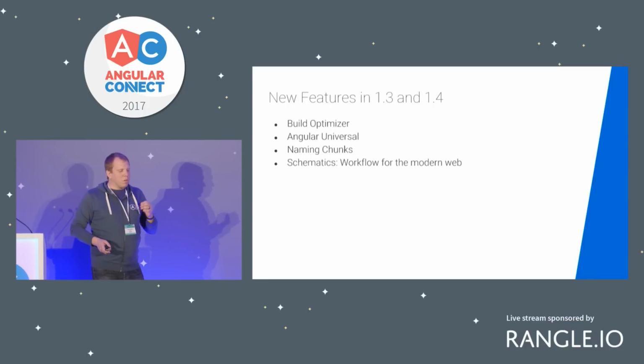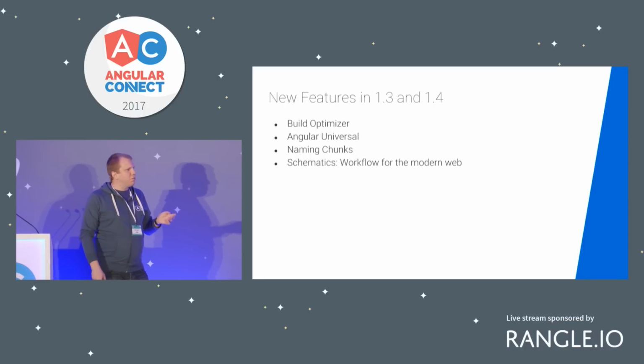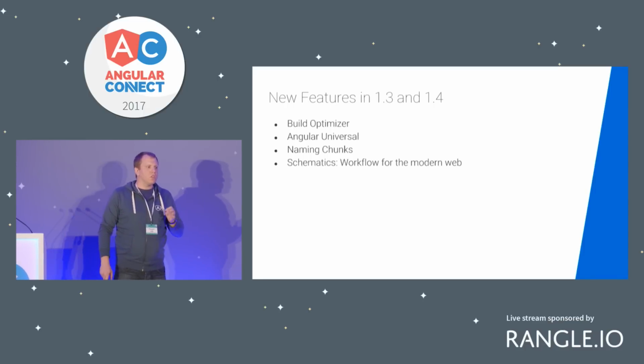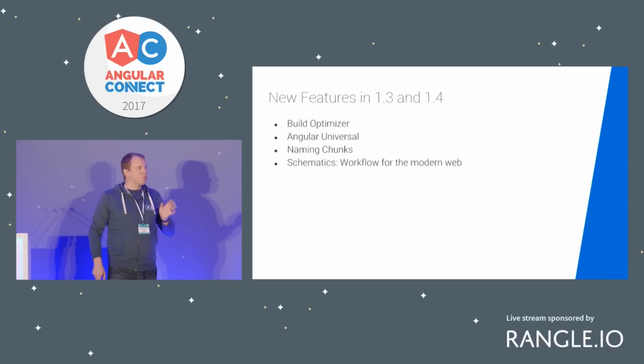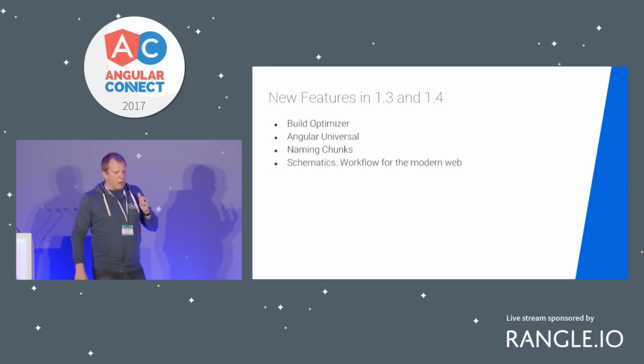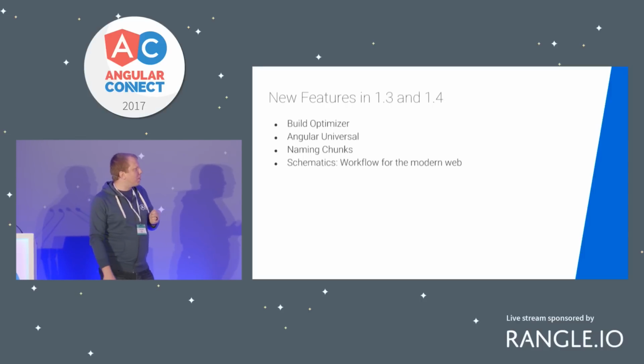And we also released support for building Angular Universal. If you were at the keynote this morning, Jason Jean did almost the entire work for supporting Universal build. It works. It's super great. If you want to do server-side rendering at some point, this is the way to go. We also introduced naming chunks, which makes debugging a little bit better.